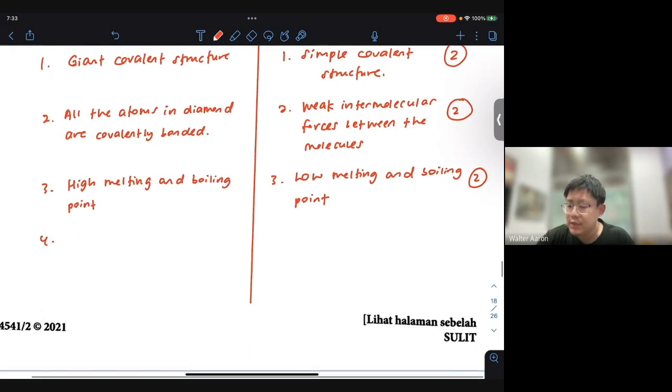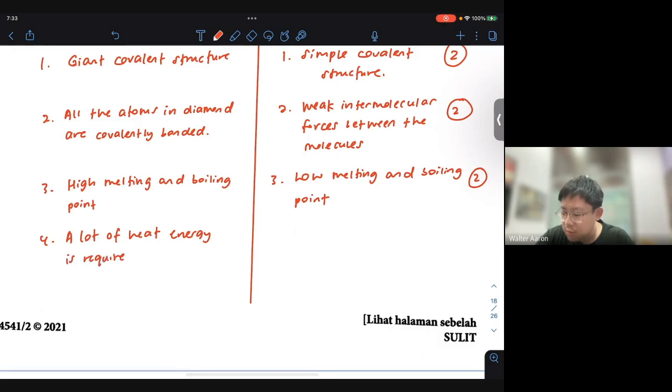So you can say here a lot of heat energy is required to separate the atoms from one another.